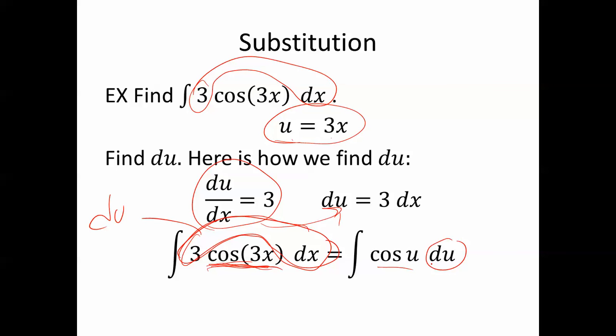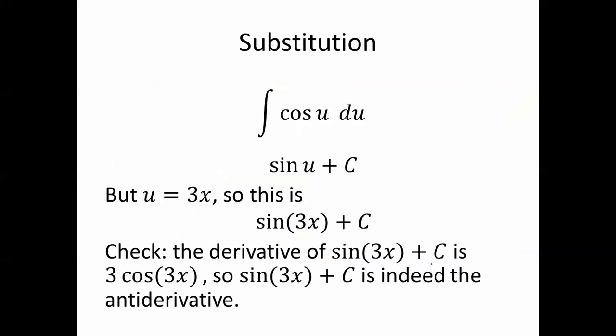We're going to go over numerous examples. So now we have the integral of cosine u du. The antiderivative is just sine u plus c, but u is 3x, so this is sine 3x plus c. Let's check. The derivative of sine 3x plus c by the chain rule is going to be 3 cosine 3x. So sine 3x plus c is indeed the antiderivative of 3 cosine 3x.